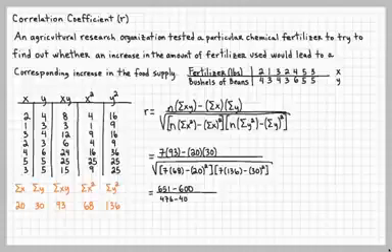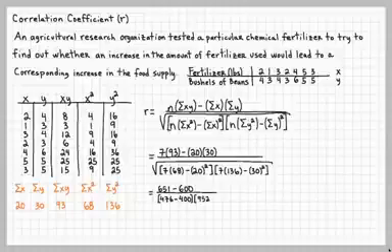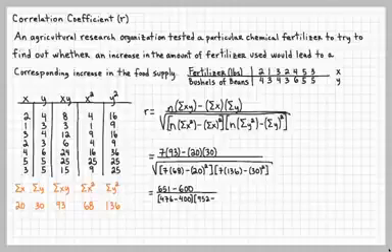Subtract 20 squared, which is 400. And then make sure you put the brackets. Then the next bracket, 7 times 136 will give you 952, and subtract that from 30 squared, which is 900. Close the bracket. Don't forget the square root.